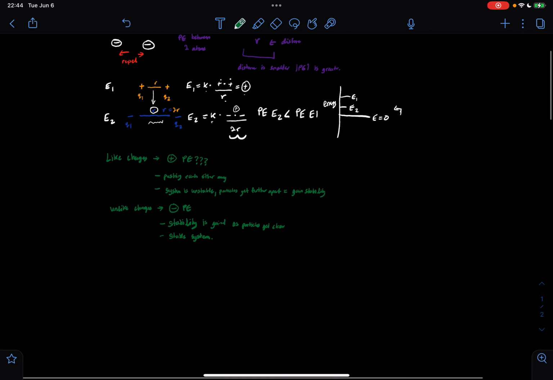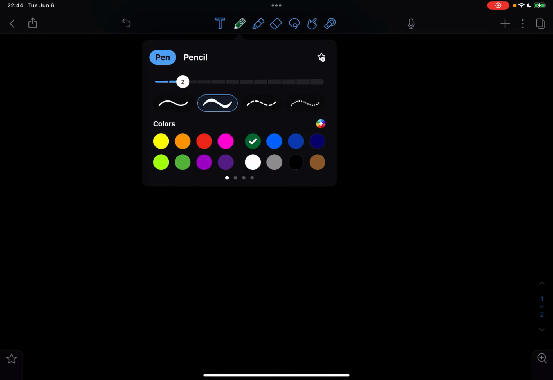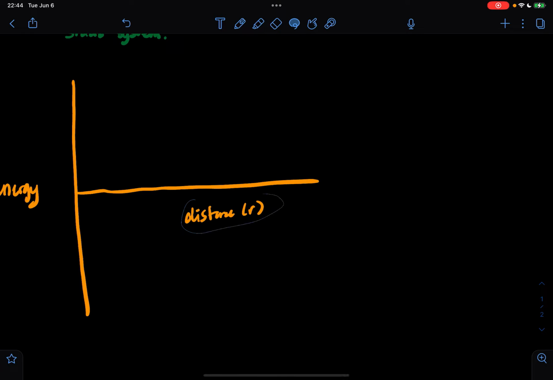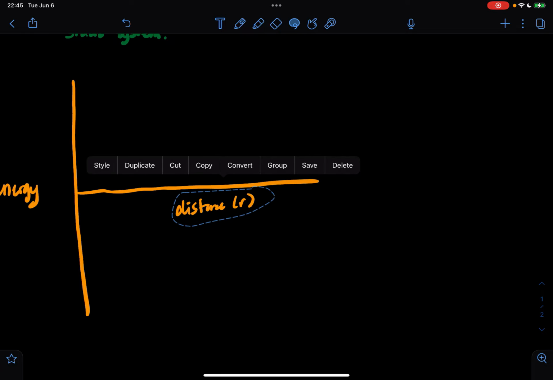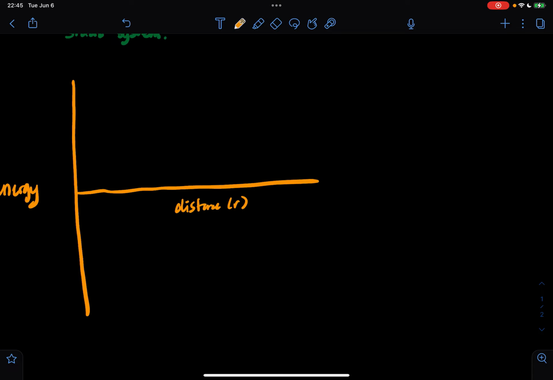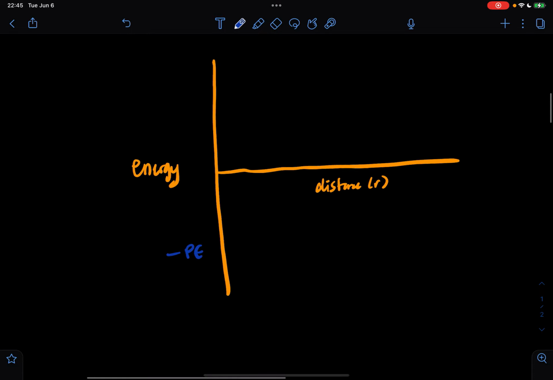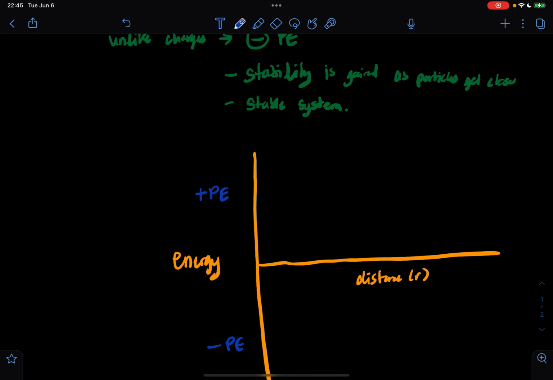All right, so let's actually depict all of this information graphically. Let's have energy on our y-axis, and let's have distance on our x-axis. Now, what has negative potential energy? It's when we have two unlike interactions. So remember, this is going to be negative potential energy, and this upper portion is going to be positive potential energy.